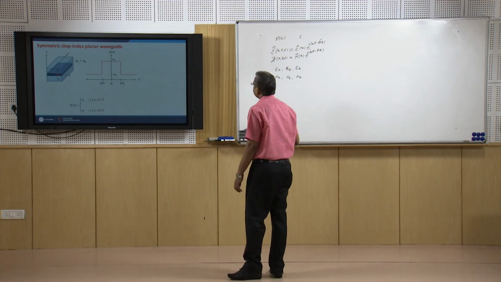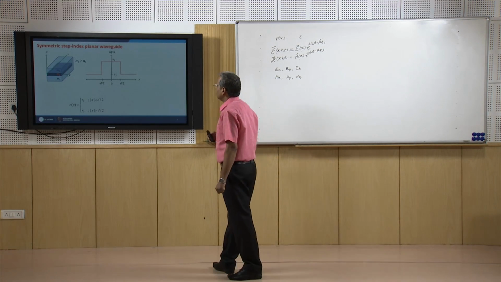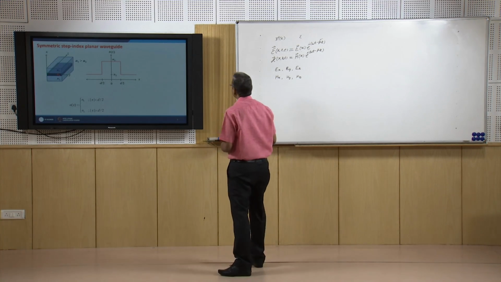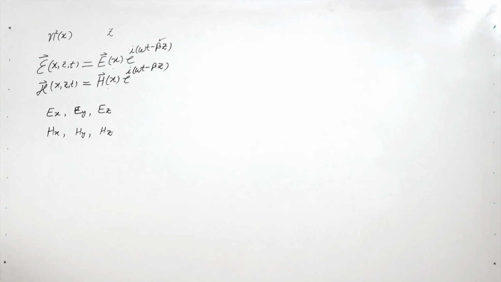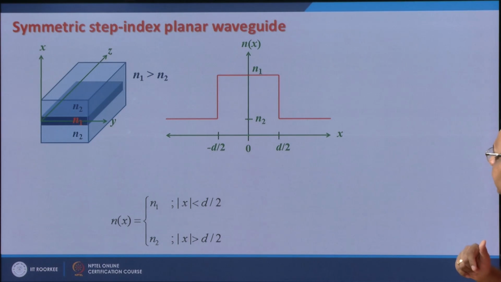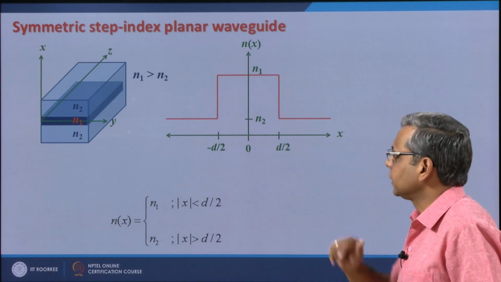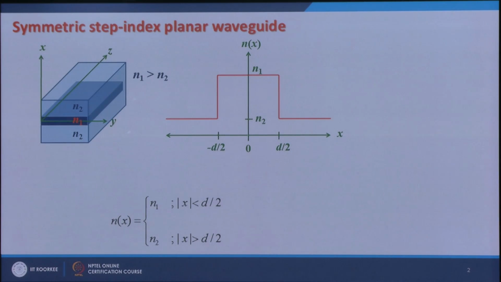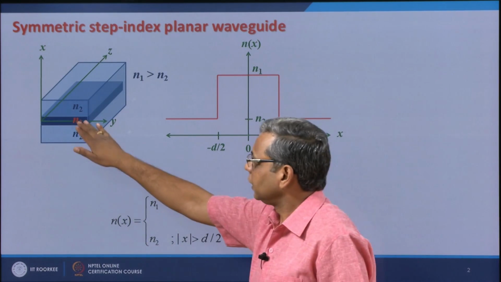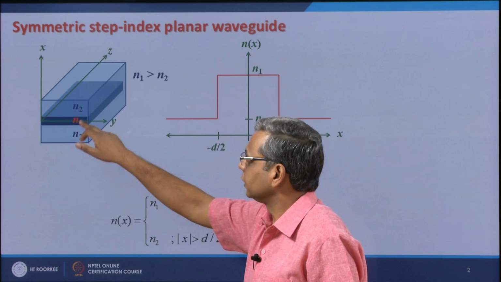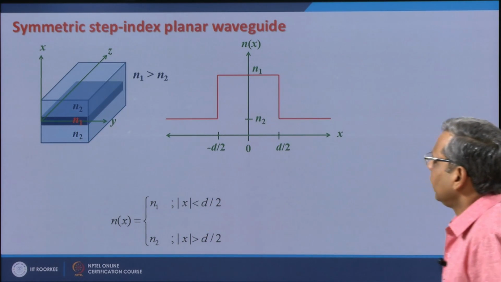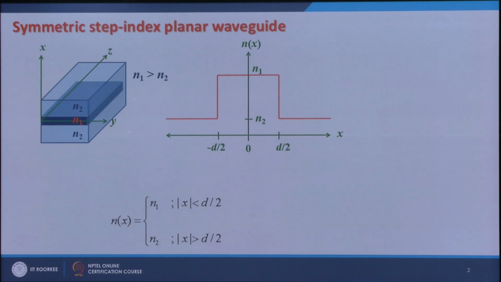We were doing the analysis for symmetric step index planar waveguide, where n of x is defined like this, and this waveguide is symmetric about x is equal to 0. It has high refractive index region n1 and low refractive index regions n2, and the width of the high index region is d.